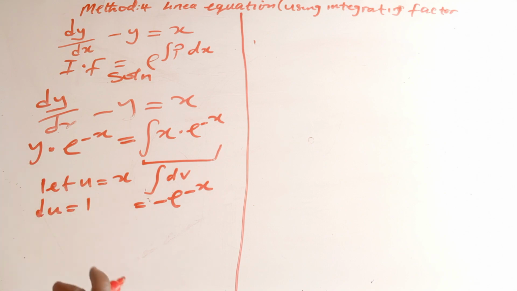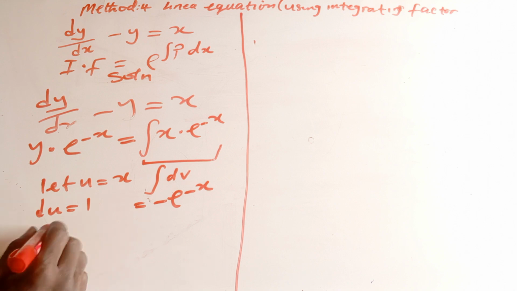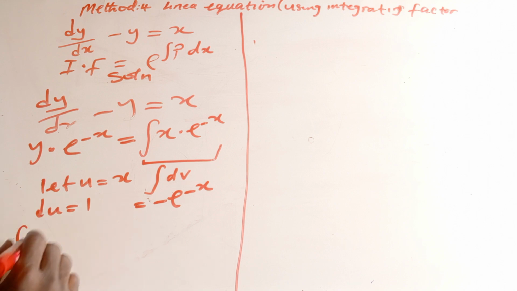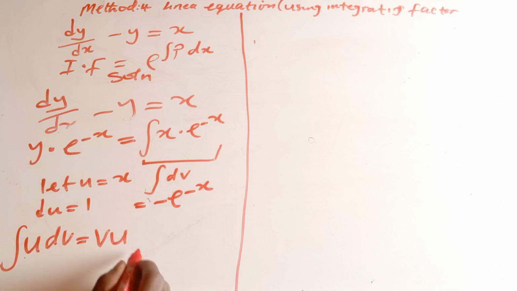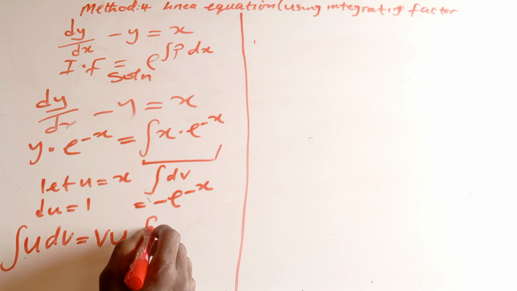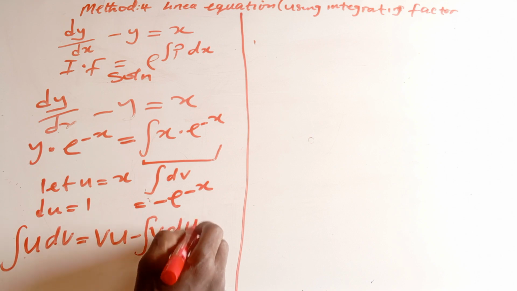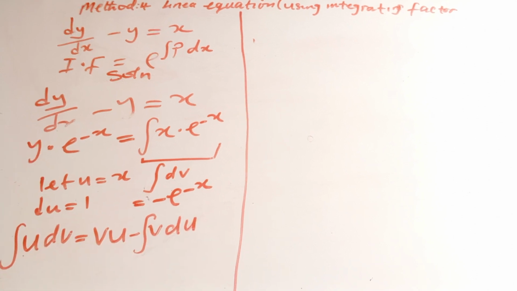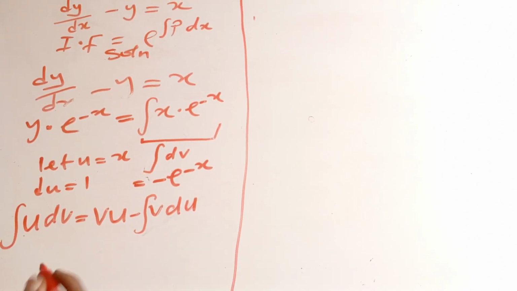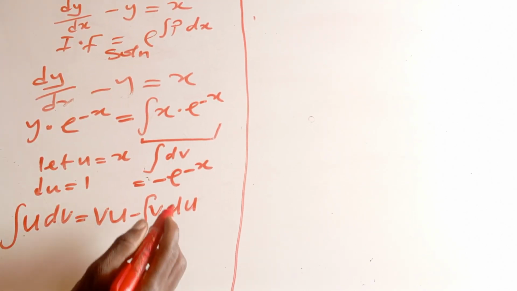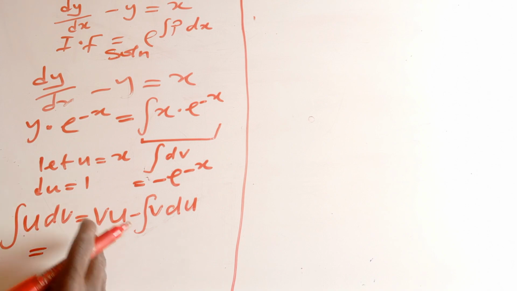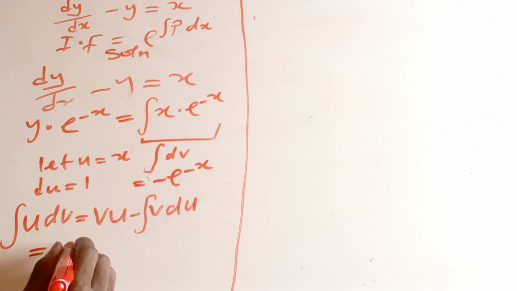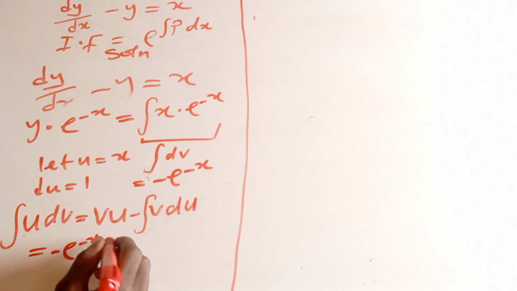Using the integration by parts formula, which says the integral of u dv is equals to uv minus the integral of v du, we can substitute.